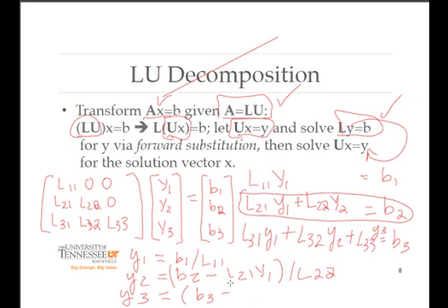You would have minus L31 times y1 minus L32 times y2. That quantity would all be divided by L33.